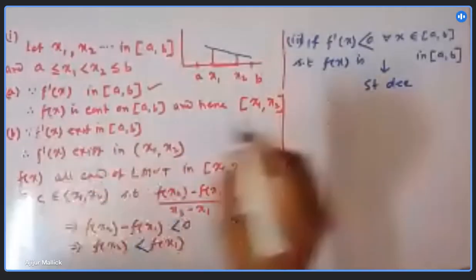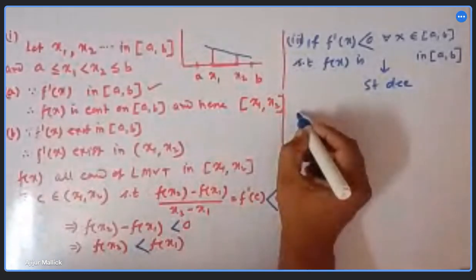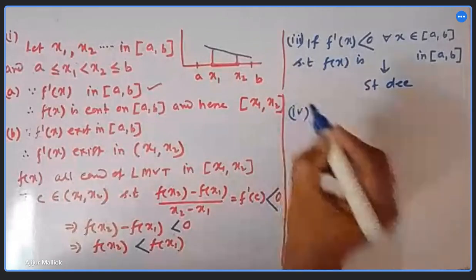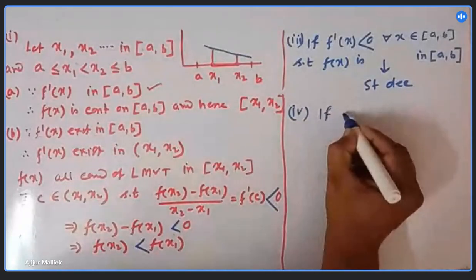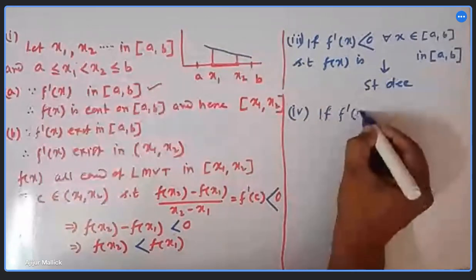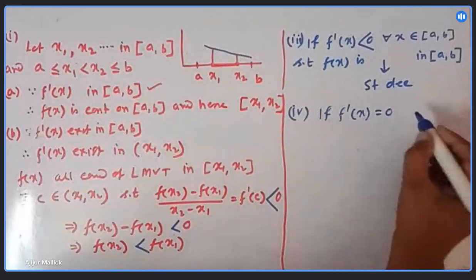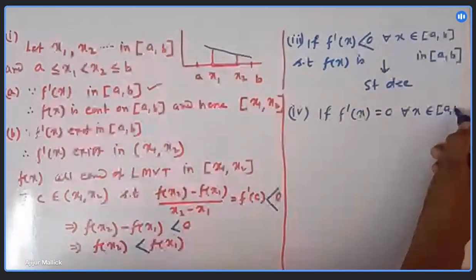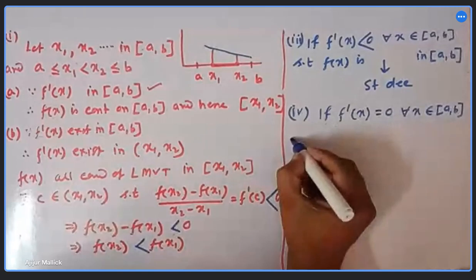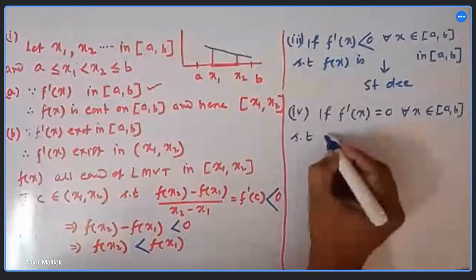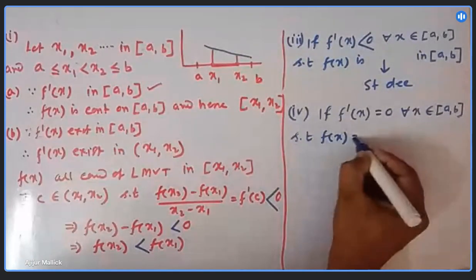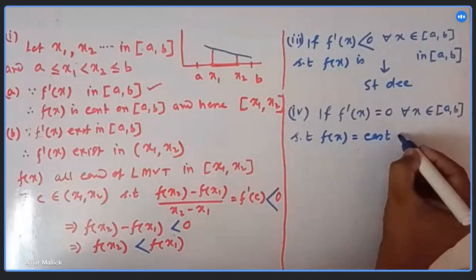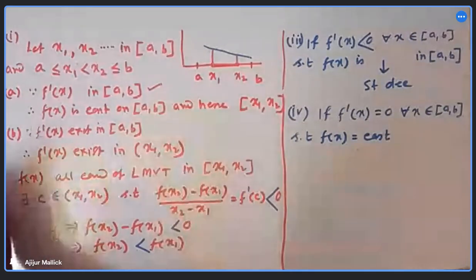Number four, also homework. If f dash x is equal to 0 for all x in the closed interval AB, then show that f(x) is a constant function.